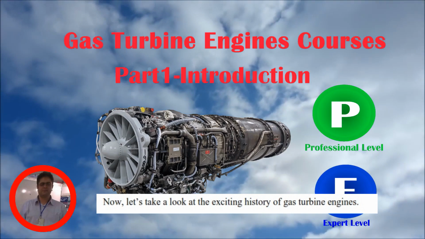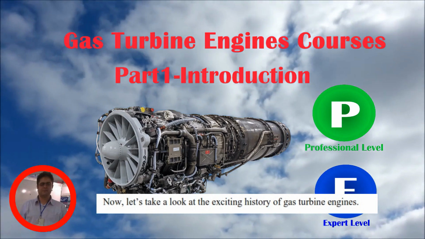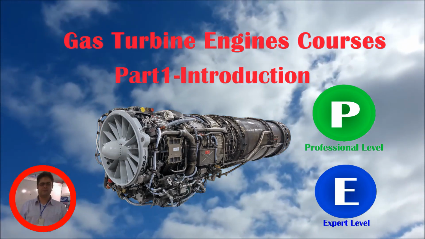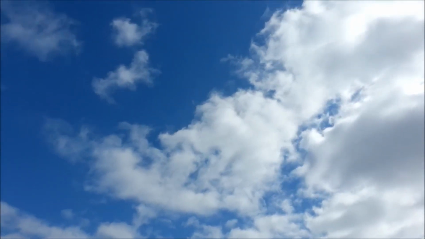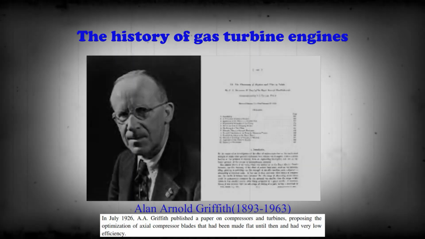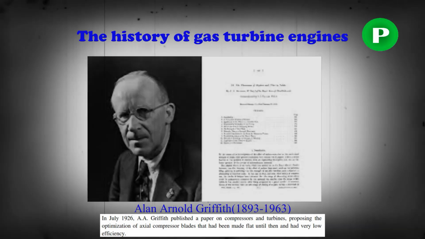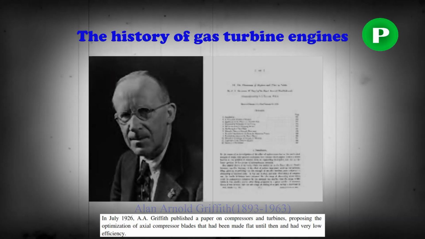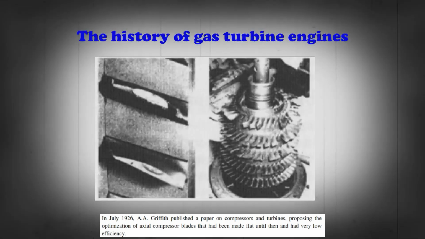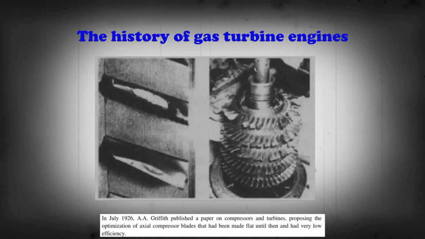Now, let's take a look at the exciting history of gas turbine engines. In July 1926, A. Griffith published a paper on compressors and turbines, proposing the optimization of axial compressor blades that had been made flat until then and had very low efficiency.